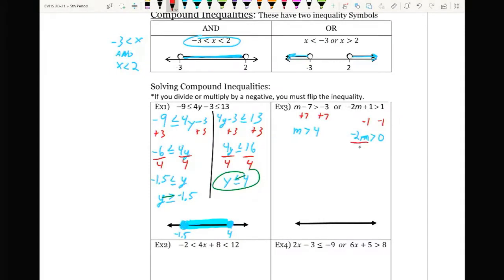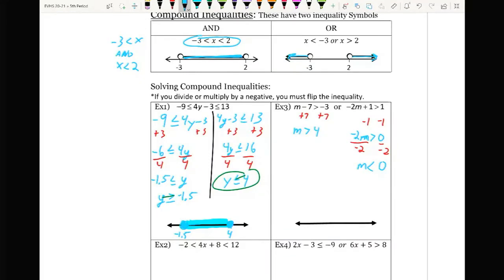And now we're going to divide by -2. And now remember that 0 divided by anything is just 0. But remember one of our inequality rules, the only way that inequalities are different from equations is that when I divide by a negative, I'm going to flip the inequality over. So because I divided by a negative, that greater than becomes a less than.